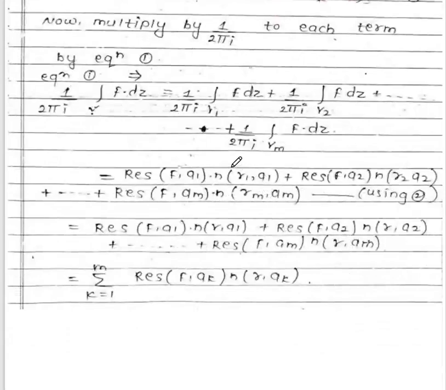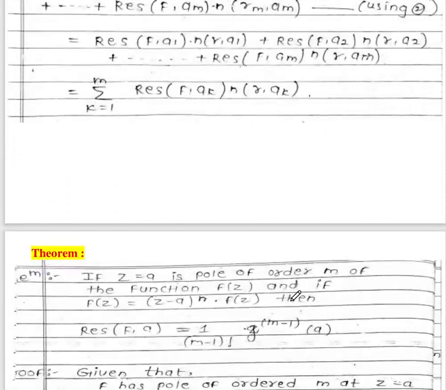By using the residue definition, this can be written as the residue of f at a1 times the index of gamma 1 about a1, plus the residue at a2 times the index of gamma 2 about a2, and so on up to am. In summation form, it is the summation for k equal to 1 to m of the residue of f at ak times the index of gamma about ak. So this is the first theorem of the Cauchy residue theorem.